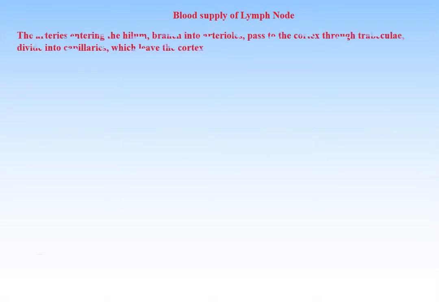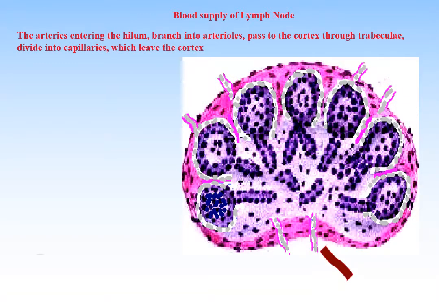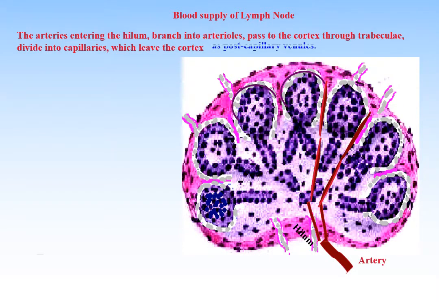Blood supply of lymph node. The arteries entering the hilum branch into arterioles, pass to the cortex through the trabeculae, divide into capillaries which leave the cortex as post-capillary venules.